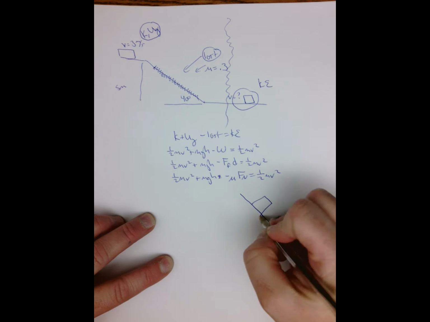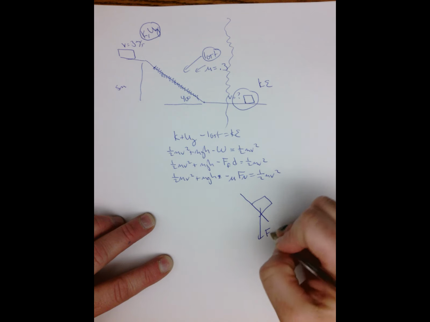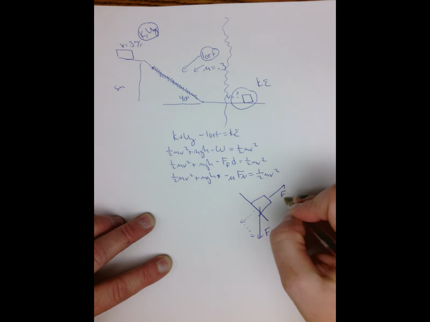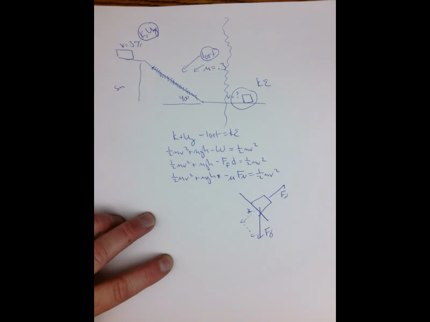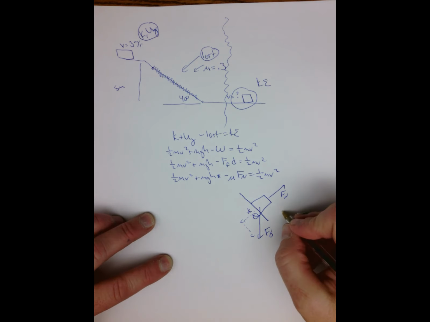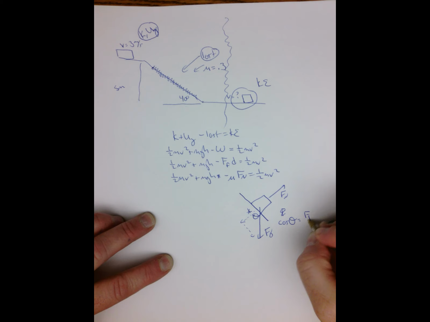Here's the picture. There's gravity. Here's the normal force. Normal force, remember, is equal to the force of gravity in the y direction. So that would be, cosine of theta is force of gravity y over force of gravity.